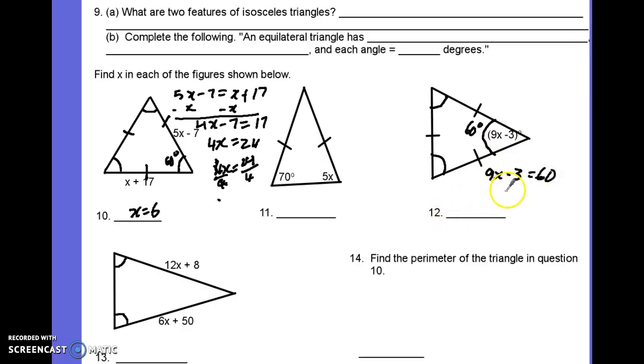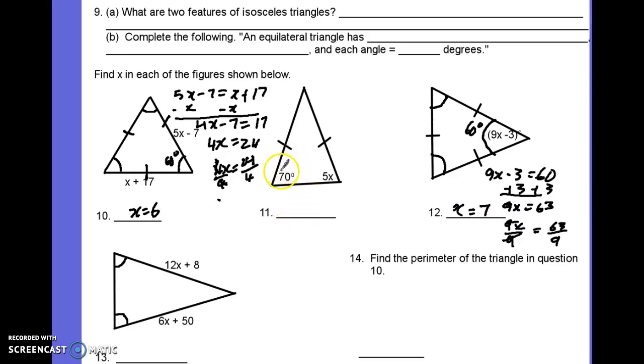That's the setup. We simply add 3 to both sides. We get 9x equals 63. Divide both sides by 9. We get x equals 7.